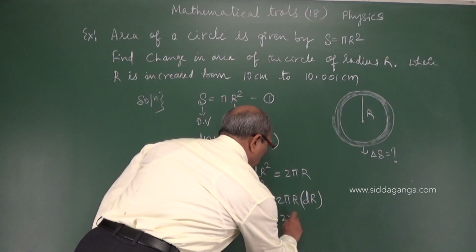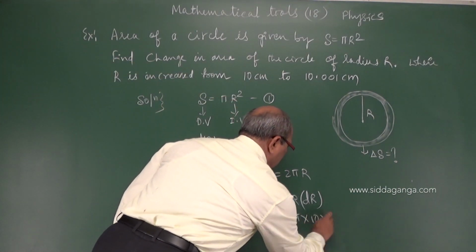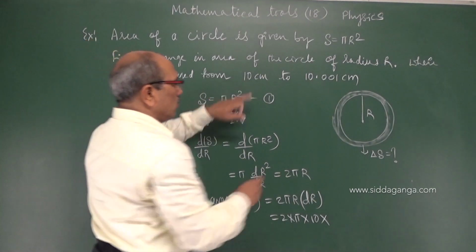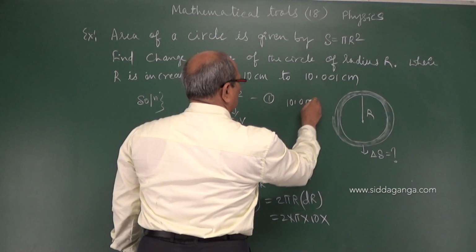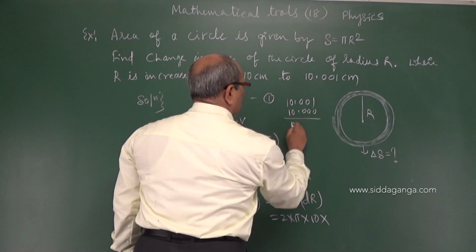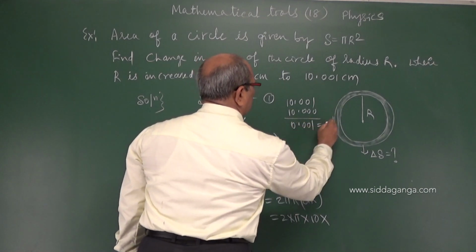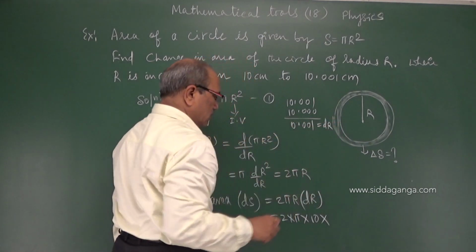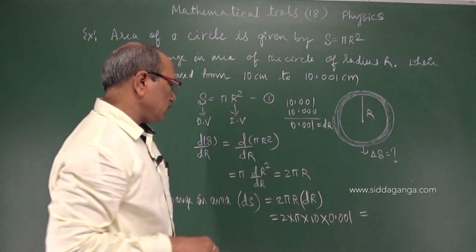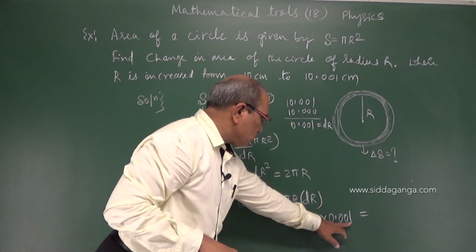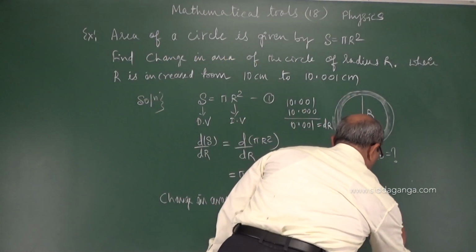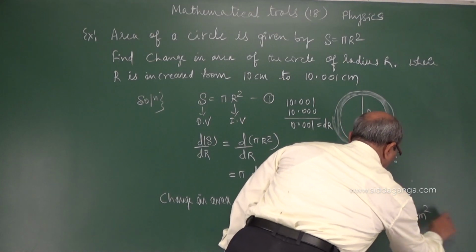Substitute the values: 2 into pi into r, where r is 10 centimeter. 10.001 minus 10.000 gives you 0.001 as dr. When 10 is multiplied with 0.001, this is 0.02 pi centimeter square.